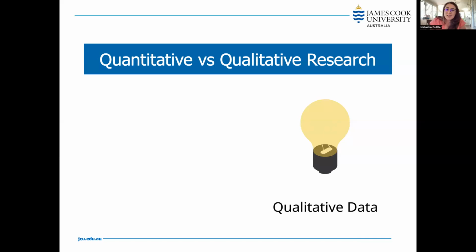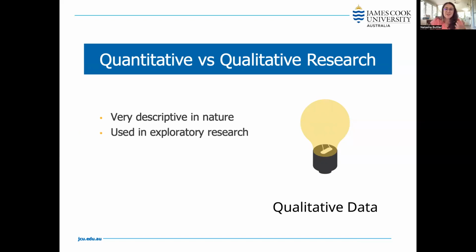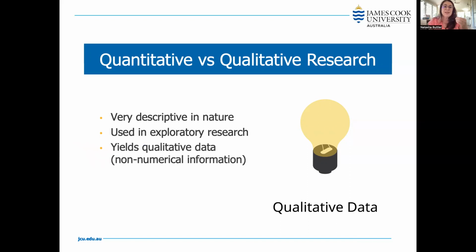Qualitative data, on the other hand, is a little bit more descriptive in nature, or a lot more descriptive in nature. We use it more often in exploratory research and when we want to go a little bit deeper into our research. So it yields qualitative data. That means it's non-numerical.